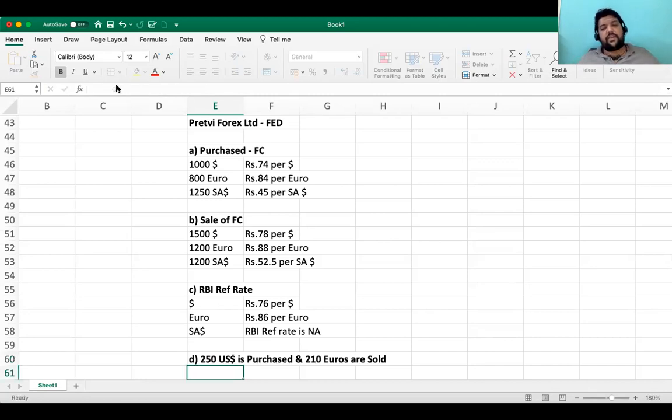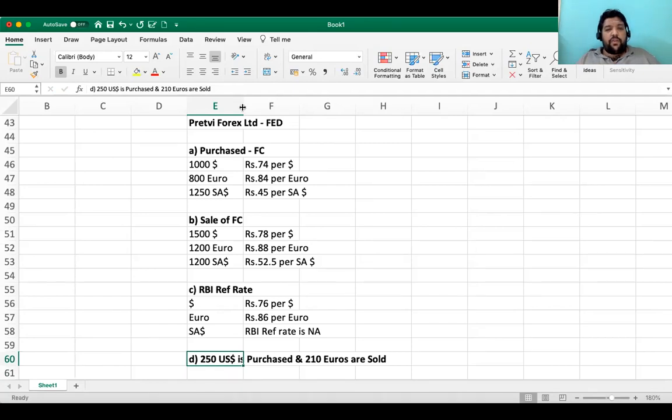A unique transaction of 250 US dollars purchased and 210 euros sold. True? Yes.